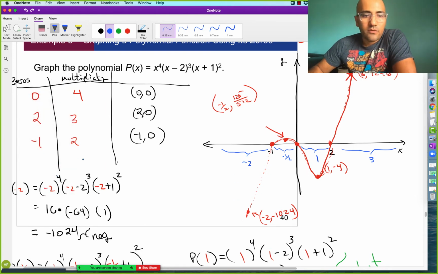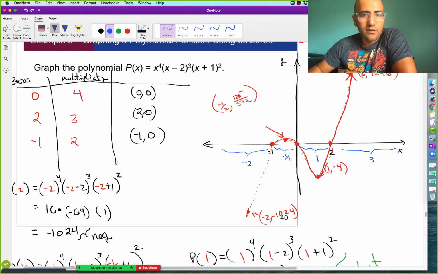Good? Okay, so now let's match it up with everything else we know. How about multiplicities? Does it match what we thought about multiplicities? At 0, multiplicity 4. At 2, multiplicity 3. Negative 1. How did I screw this up? What's happening here? 0, 0.